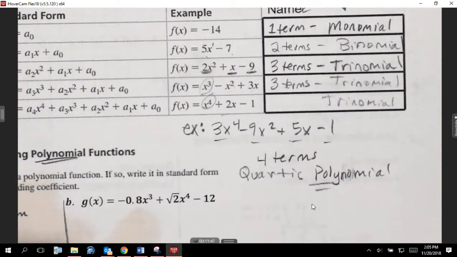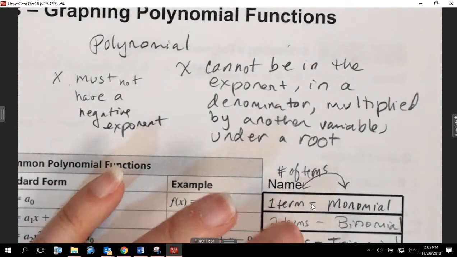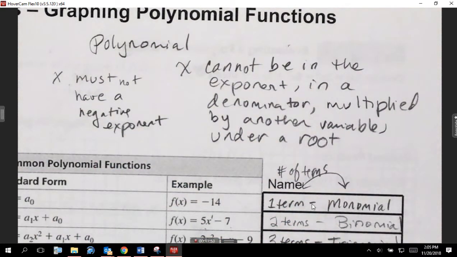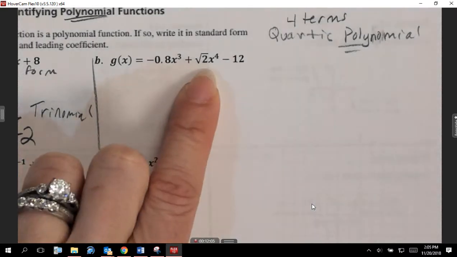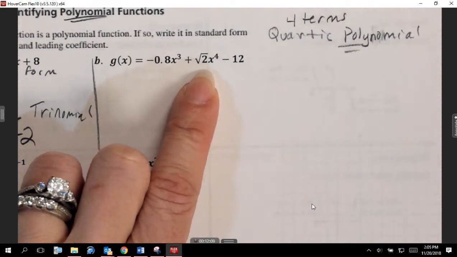Okay, let's go back up to the top where we wrote, these are the rules. Does it follow all of those rules? And if not, what rule is it breaking? It cannot be under a root. It's not under the root. Is the x under the root? Okay, so the x cannot be under a root, but a number can be. Oh, that's just 2. Alright.